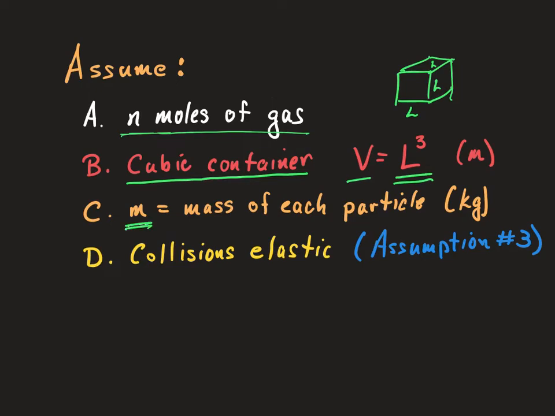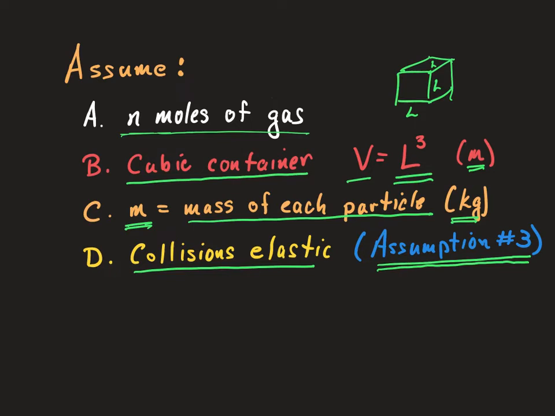Mass represents the mass of an individual particle, but expressed in kilograms. Oh, and our lengths are expressed in meters. And collisions are elastic. This is related to assumption number 3, that there is no attraction between particles.